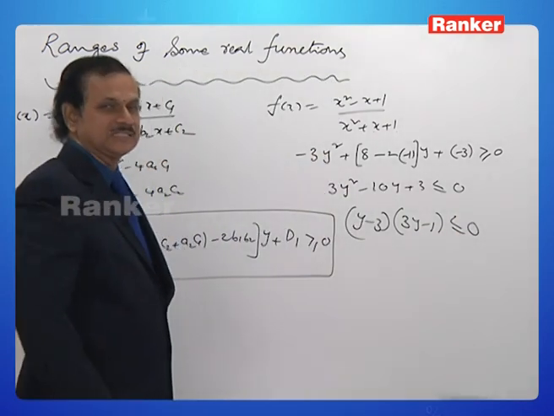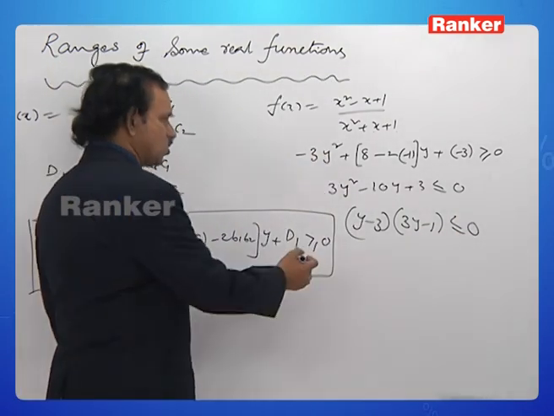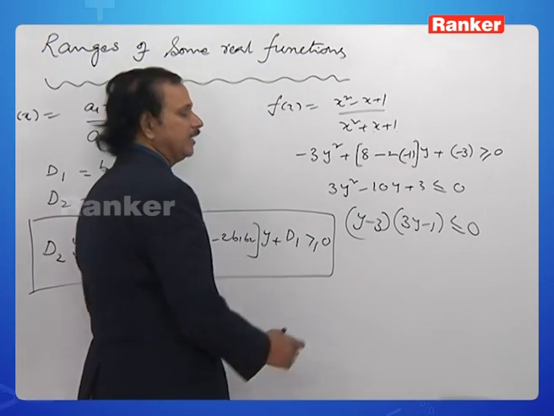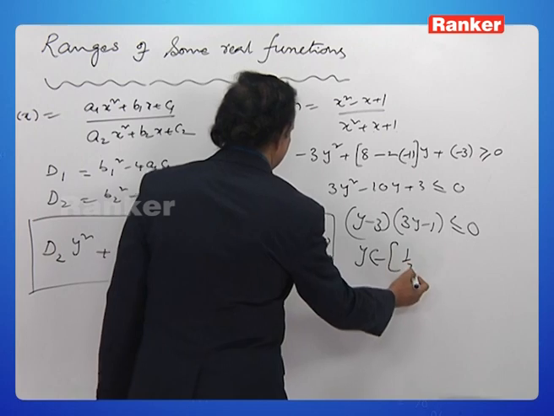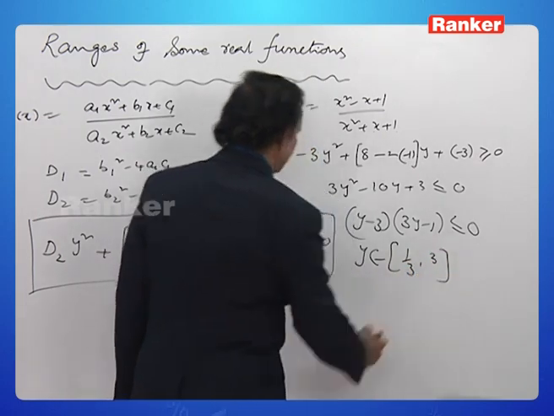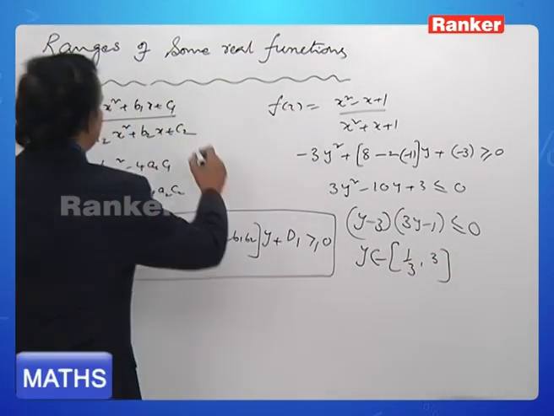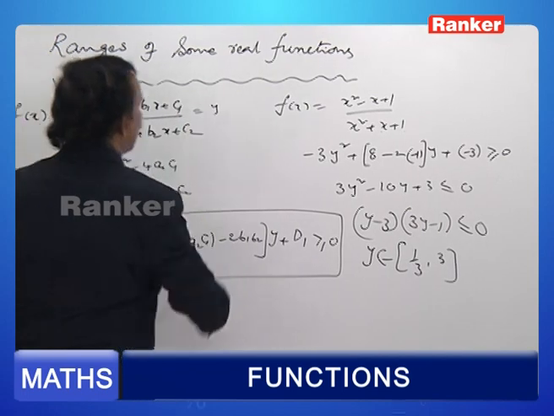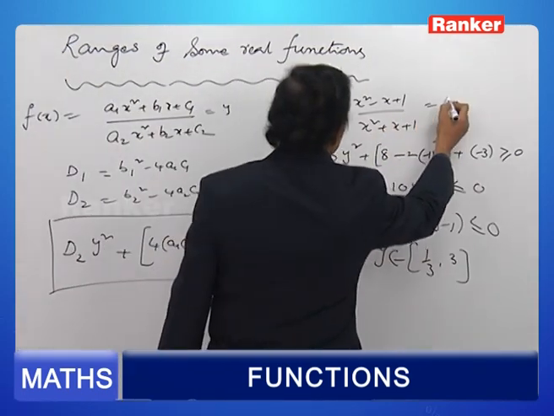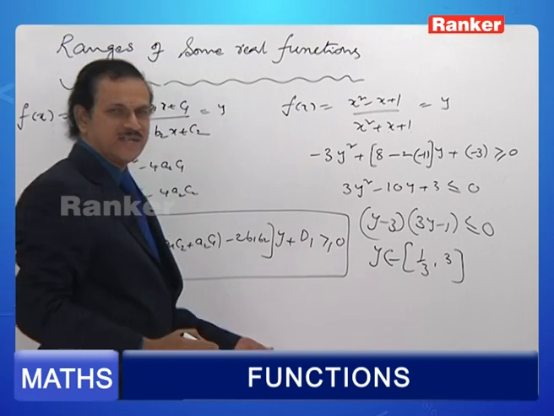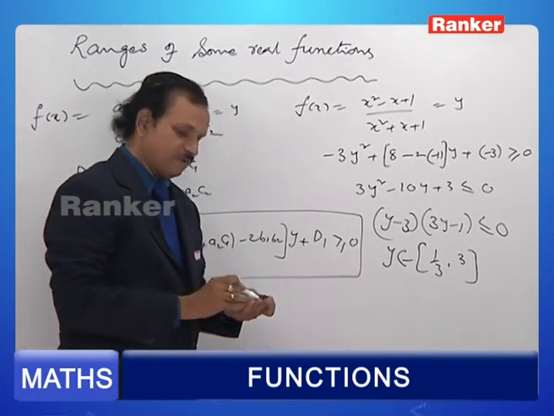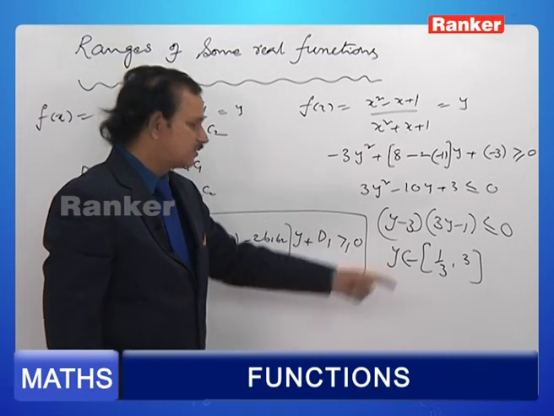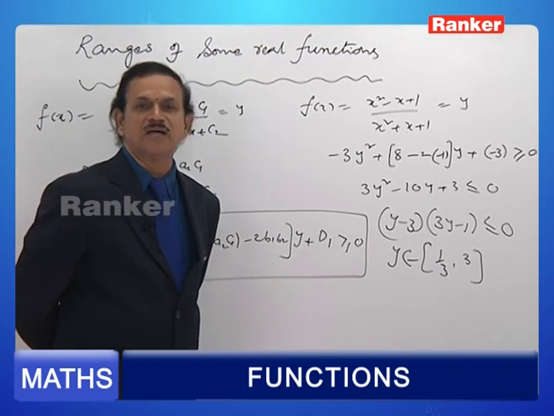If you apply the sign technique for the roots 3 and 1 by 3, you can easily trace that y belongs to the closed interval 1 by 3 to 3. What is this y? We generally suppose this to be some y. Y is nothing but the value of f of x, that is, the range of f of x. What is the range of f of x? Closed interval 1 by 3 to 3.